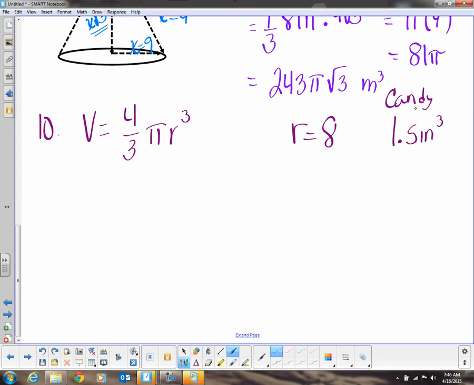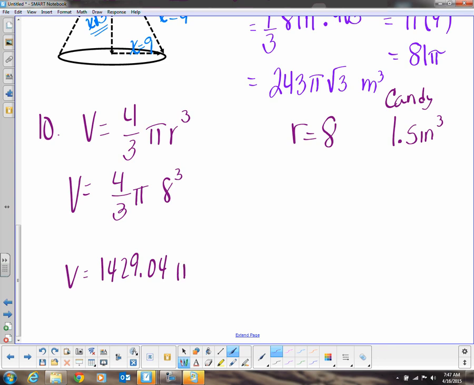Let's see. So, am I ready to find my volume? Do I have everything I need? Now this is a problem where we're not going to keep it in pi because we're going to need to know. If I did this well, I got 1429.04 inches cubed.